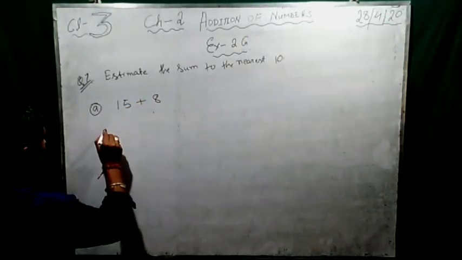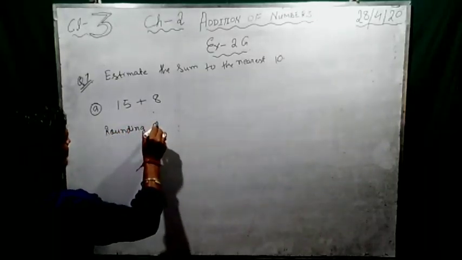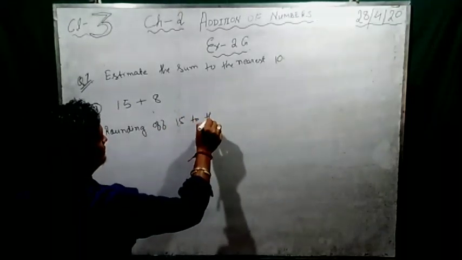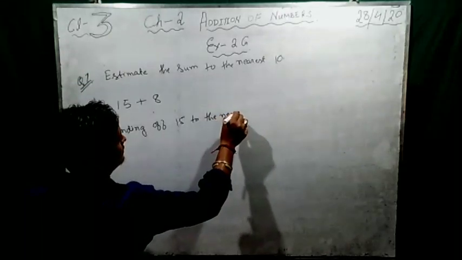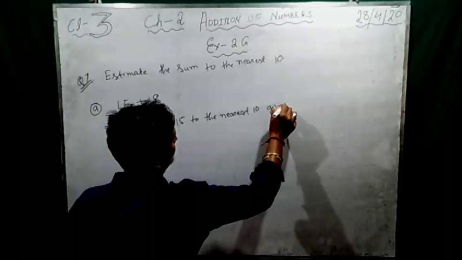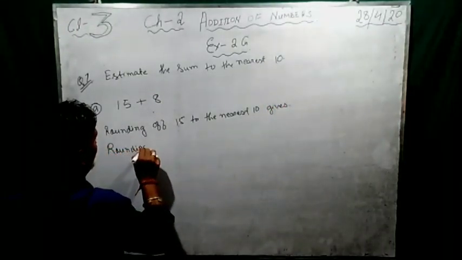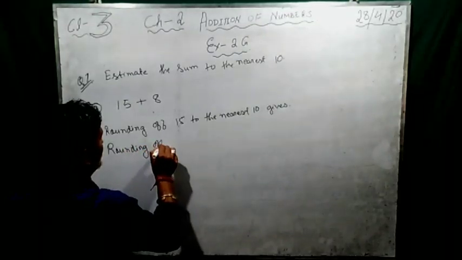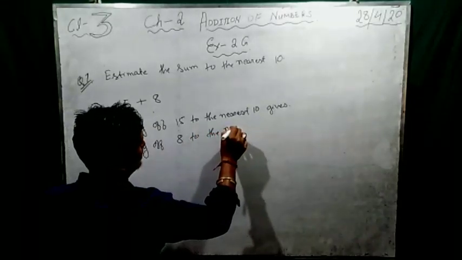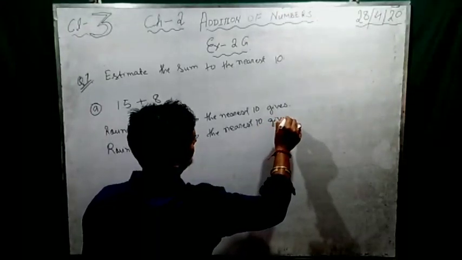Okay. So write it first, rounding off. Rounding off 15 to the nearest 10 gives, rounding off 8 to the nearest 10 gives.